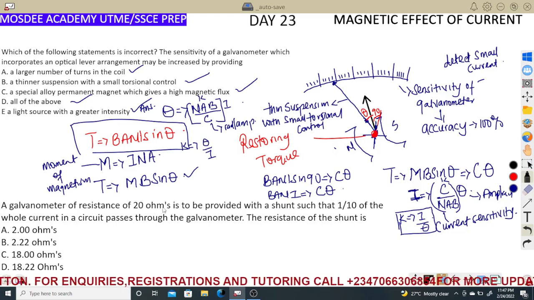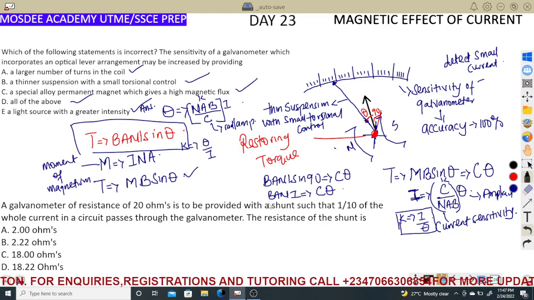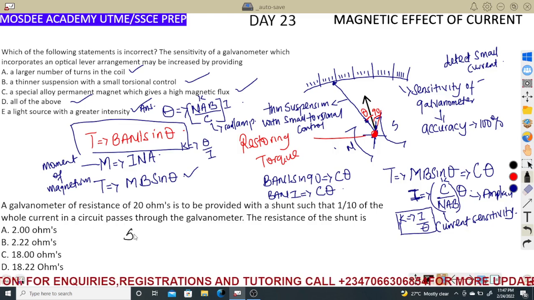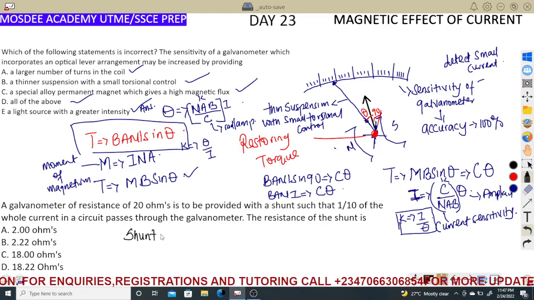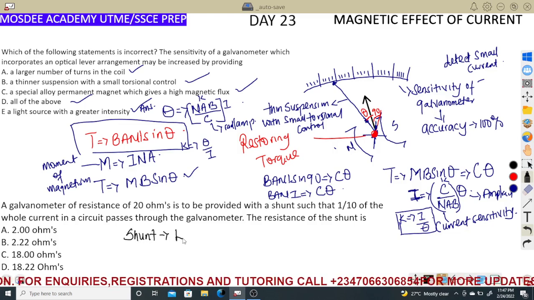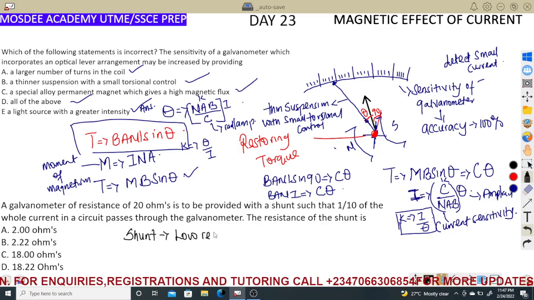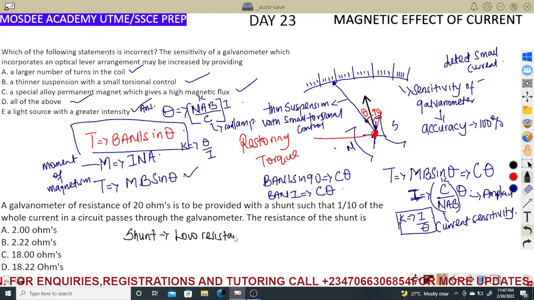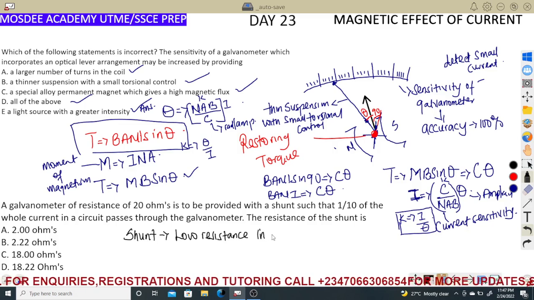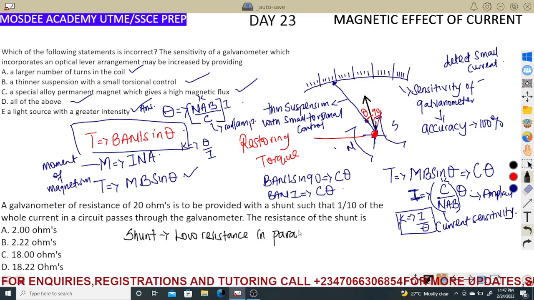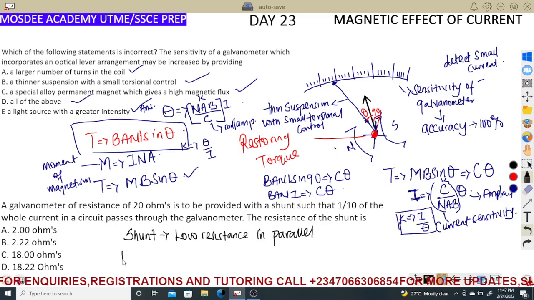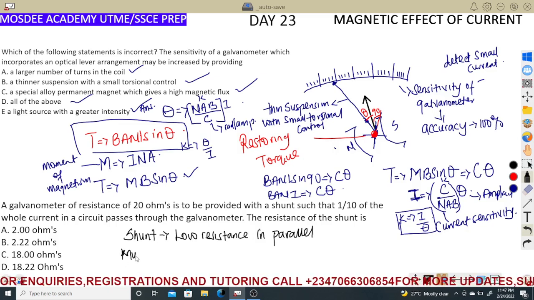A galvanometer of resistance 20 ohms is to be provided with a shunt. Now, we need to understand that with a galvanometer, when you say shunt, it means low resistance, in parallel. Important point. There's another one we call a multiplier. Let me just talk about it once and for all.